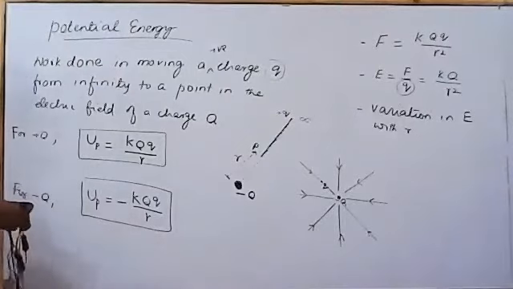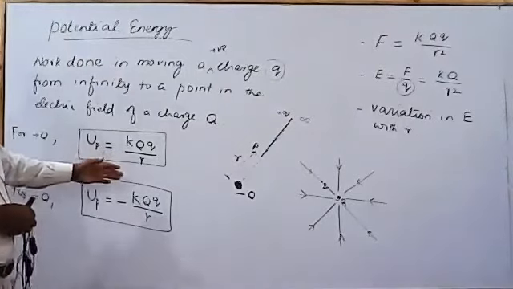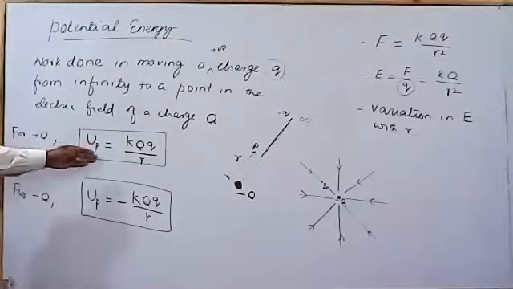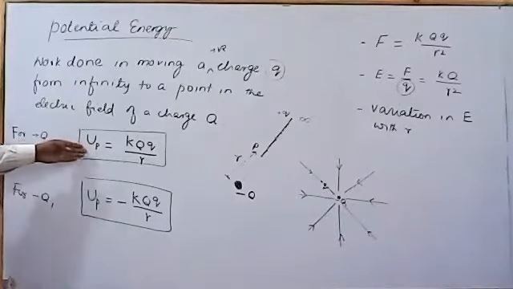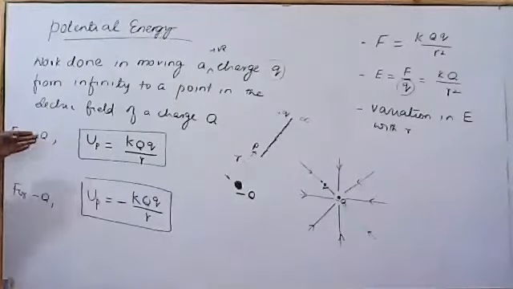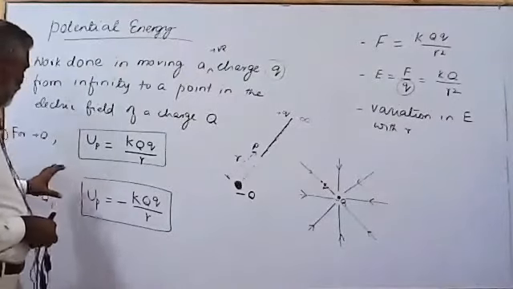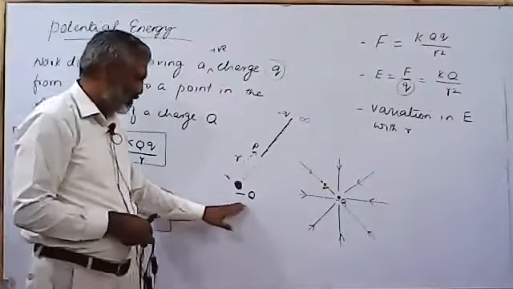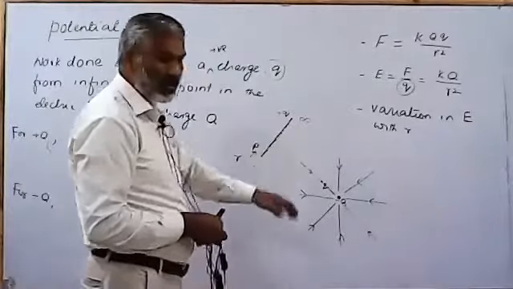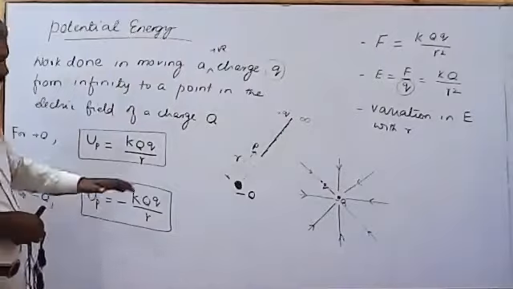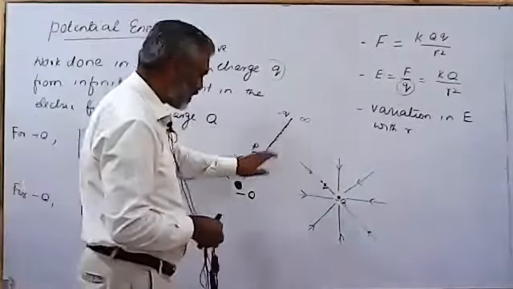When you deal with the charges, you have to clearly understand what that charge is. If it is positive, the potential energy is a positive quantity, and if the charge is negative, it's a negative quantity. And the charge that you move is always positive, to avoid any further confusion. That is kept positive always.